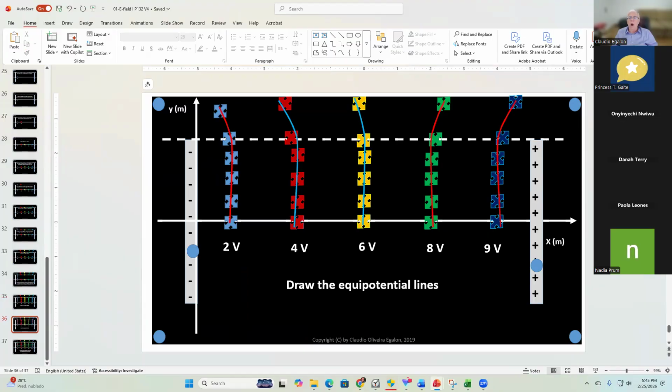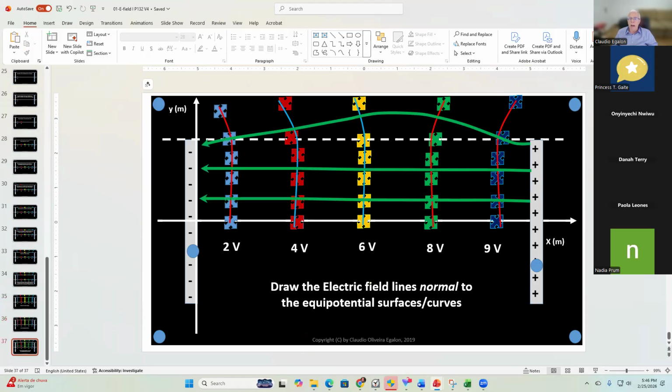You're going to draw a line through those curves, an average line. Those are the equipotential curves, like I mentioned. And you're going to draw vectorial lines, electric field lines that are perpendicular to those equipotential lines.